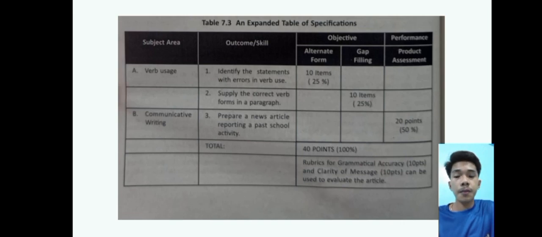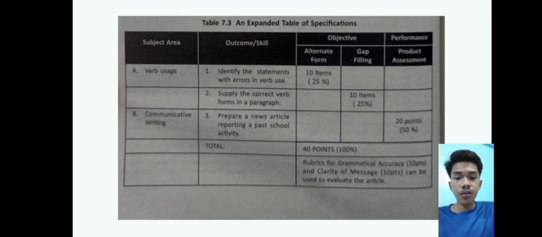The next table of specification shown in the reference is the expanded table of specification. It is more detailed than a one-way or two-way table, because it provides test developers or teachers a way to ensure that the test includes a variety of cognitive levels, as in the example in table 7.3.